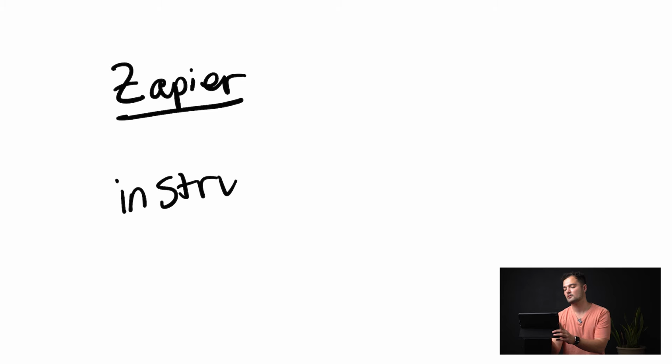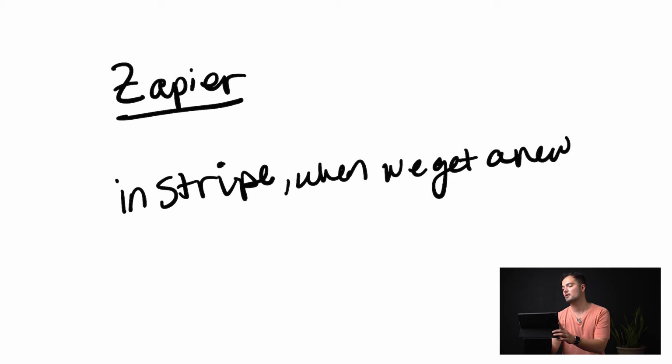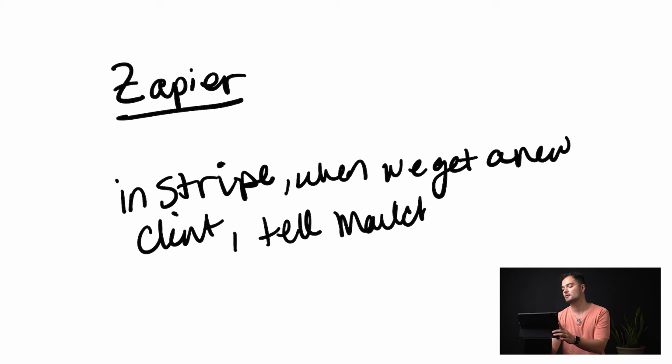So, when you're using Zapier, what you might say is, in Stripe, when we get a new client, tell MailChimp. So what happens?